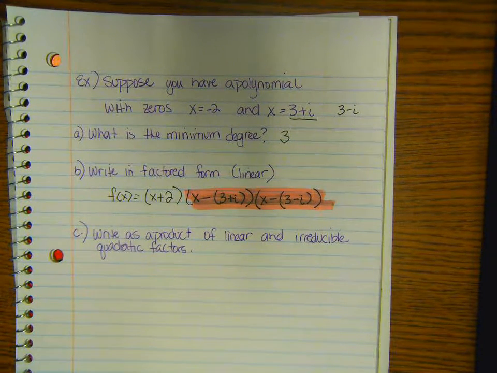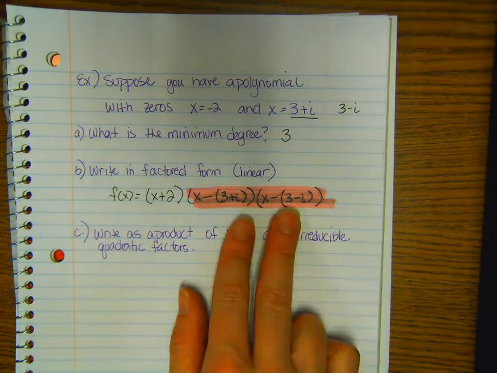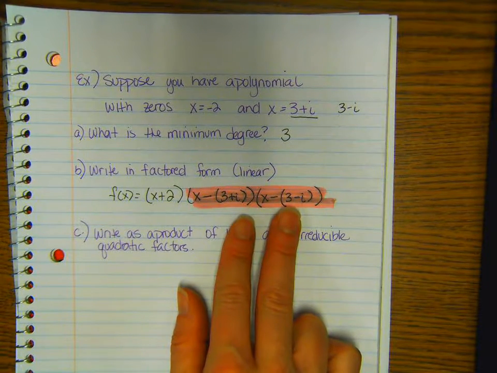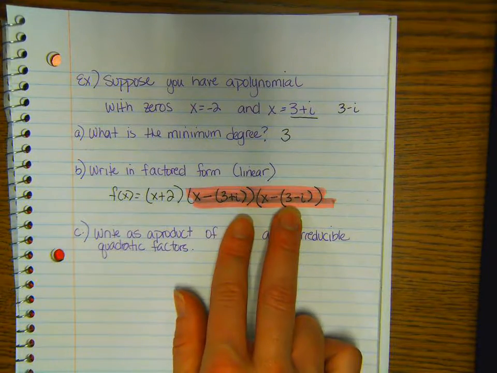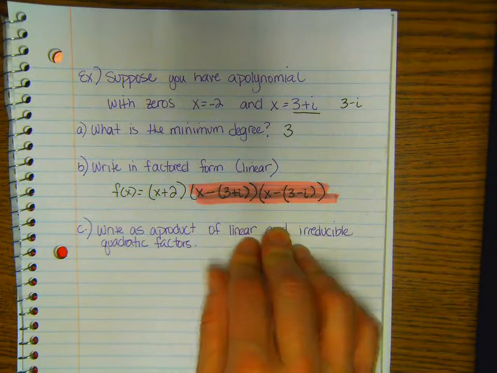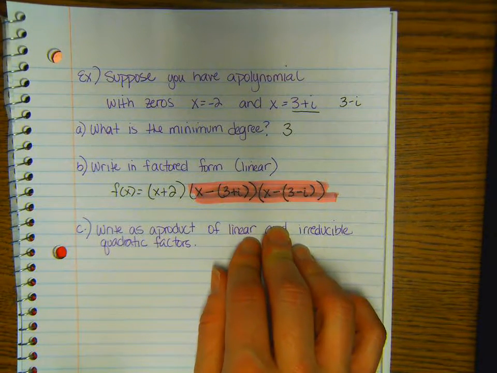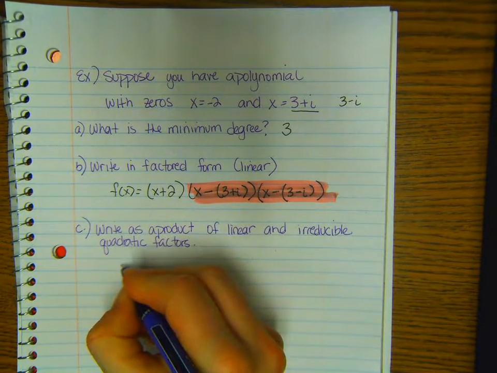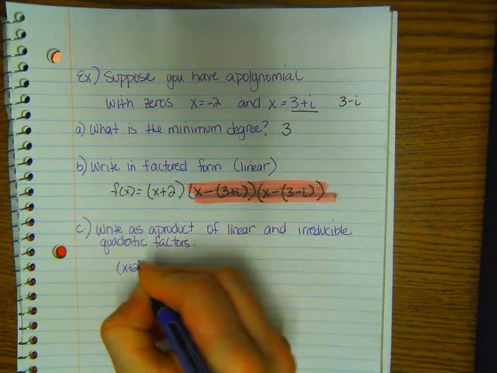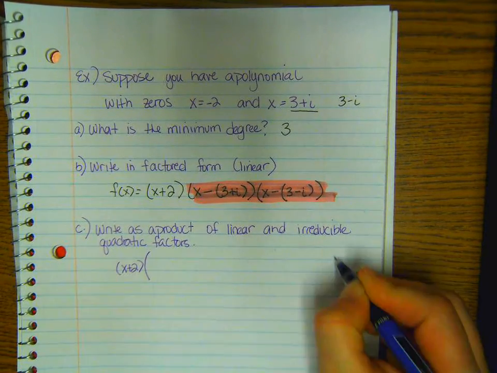At first, it isn't going to look pretty, but what you're going to notice is what's always going to happen with a complex conjugate is the i's are going to cancel. So here we go. I'm going to leave this x plus 2 out in front, and then I'm going to make a big old parentheses. I am going to multiply these two together.